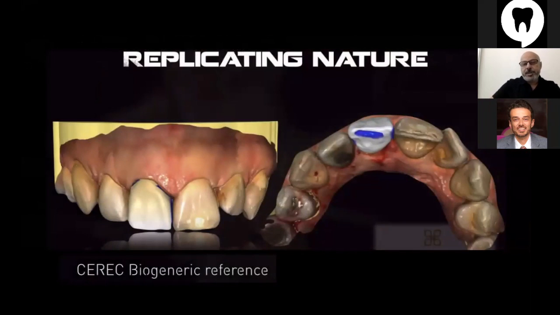This is an example of the capability of the CAD-CAM systems, in particular CEREC systems with the biogeneric reference option, where we can replicate exactly the shape of the adjacent central, taking the same anatomy, whether the primary or secondary anatomy, everything through the software, and giving it a mirror shape on the other side to replicate the whole tooth.